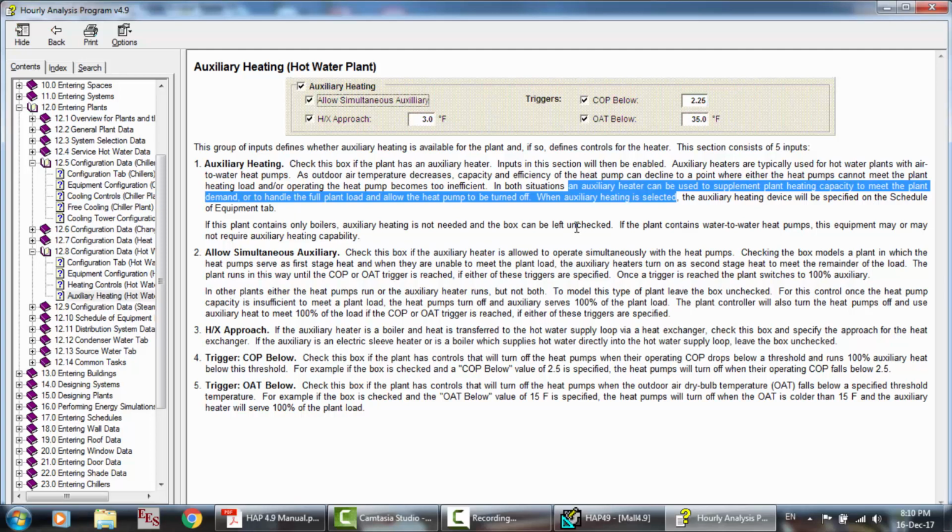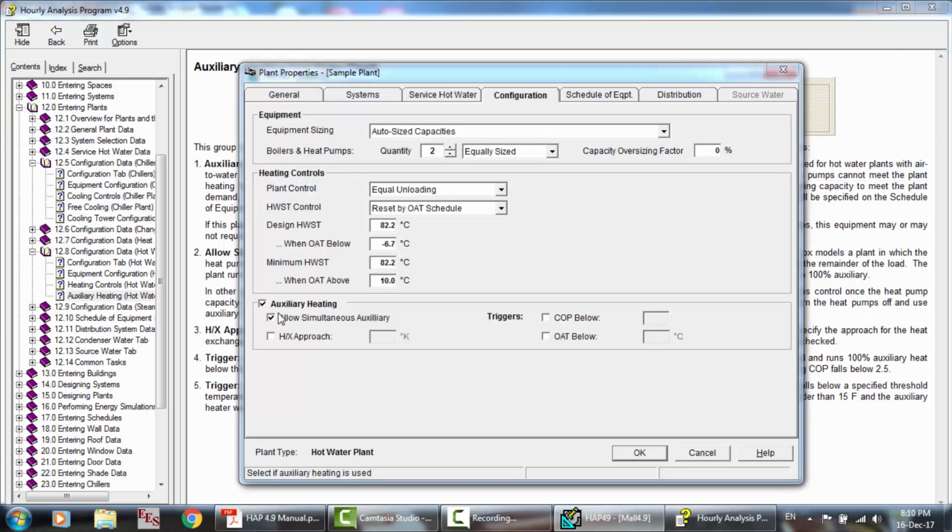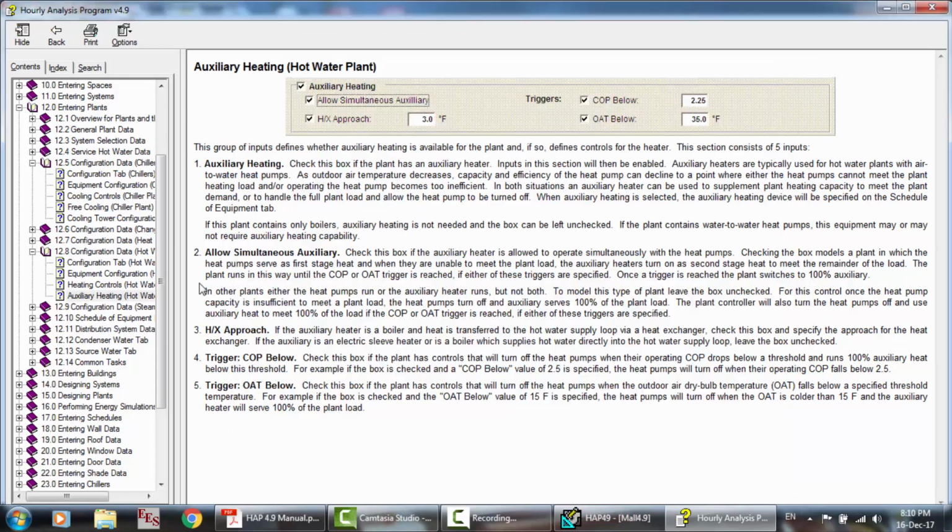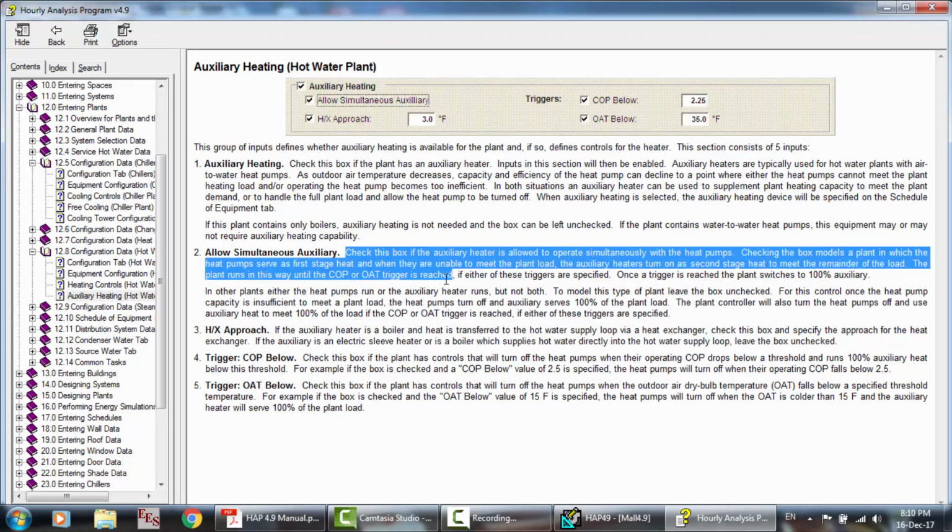If auxiliary heating is selected, the auxiliary heating device will be specified in the schedule of equipment tab. So if we have here allow simultaneous auxiliary, what is this? Check the box if the auxiliary heater is allowed to operate simultaneously with the heat pumps.